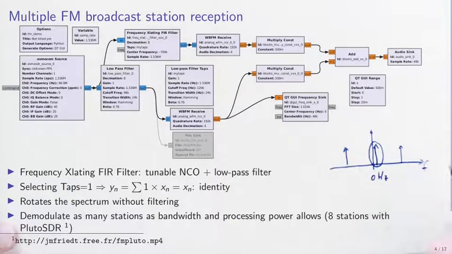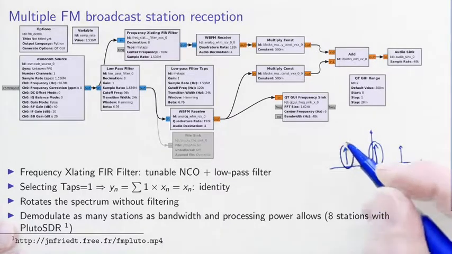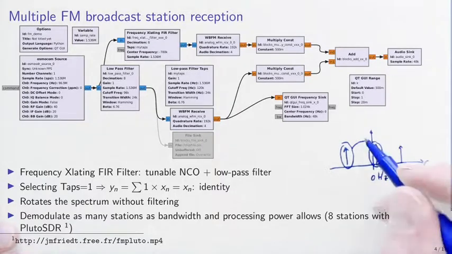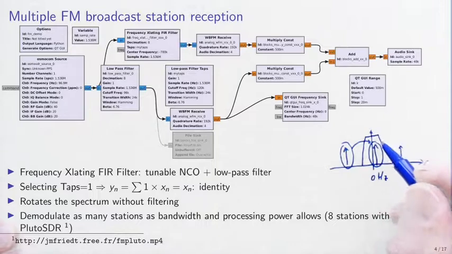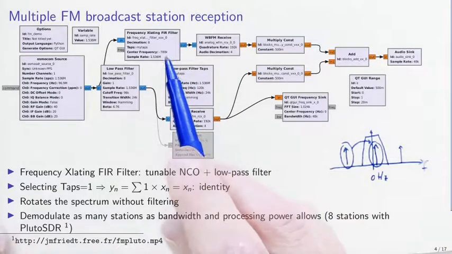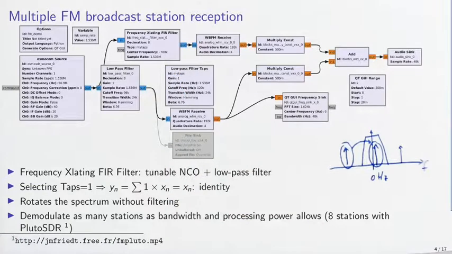In addition, we brought this frequency channel to the center of 0 Hz, and we selected this unique channel by low pass filtering as provided by this frequency translating FIR filter.